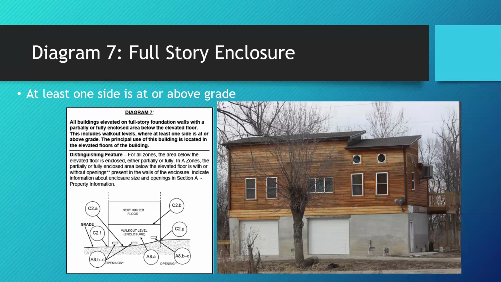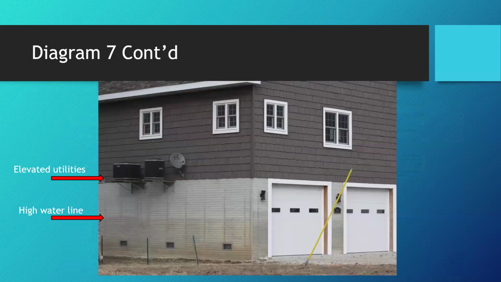If it's used in that way, it's safe and it's compliant, and you can actually see a high water line on that enclosure. So this structure was actually submerged for about a month or something. And because they have been using it compliantly, it's just a garage with a little bit of storage in it. You can move anything expensive, and then it was inundated for that long. It's made of flood damage resistant materials.